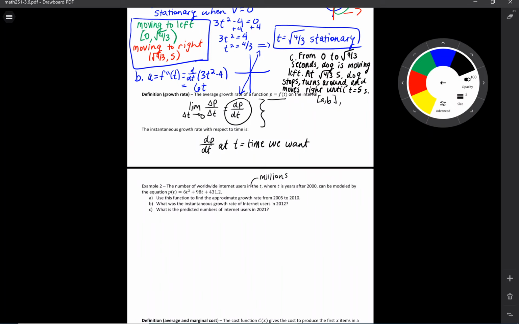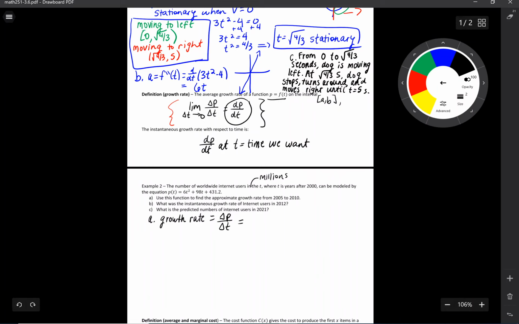So we want to use this function to approximate the growth rate from 2005 to 2010. So according to our definition up here, my growth rate is change in y over change in x, basically. You can say delta p over delta t.